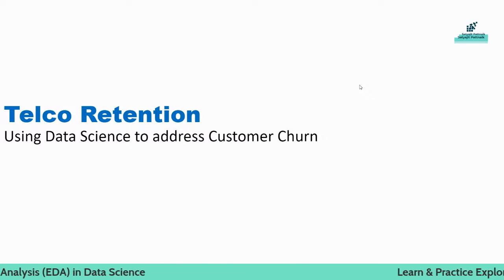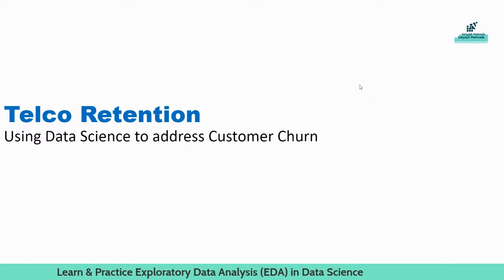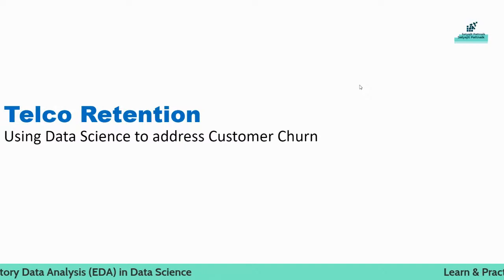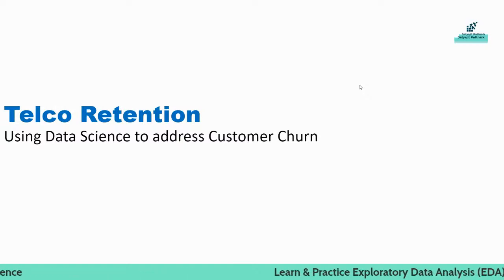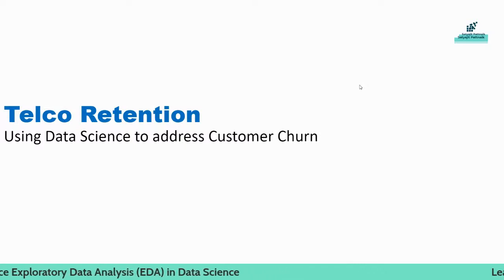In the banking domain, people also churn. Today you are using ICICI, tomorrow you go to HDFC, and the day after you go to Kotak, because Kotak is giving you more FD rates or RD rates. There could be multiple reasons, right? Our task as an analyst or data scientist is to analyze the customer's data and understand the reason for churning.